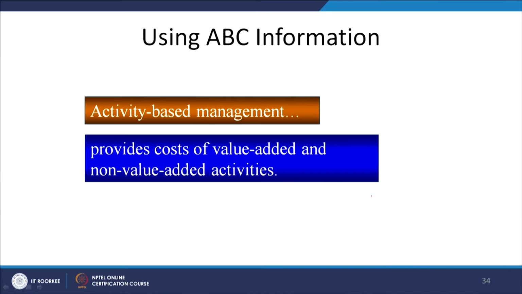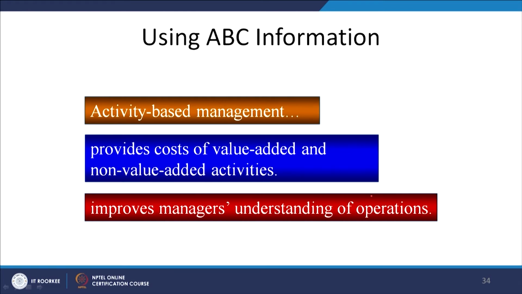Now, we talk about using ABC information, how we can improve the activity based costing system. We have three important points to be borne in mind. Activity based management provides the cost of value added and non value added activities. This is what we do in ABC. We are able to find out in one product which activity is used and which is not used.